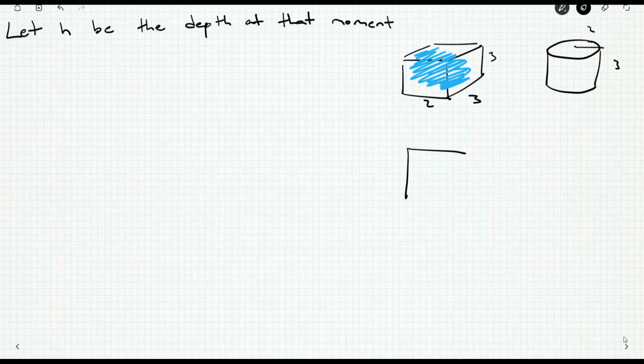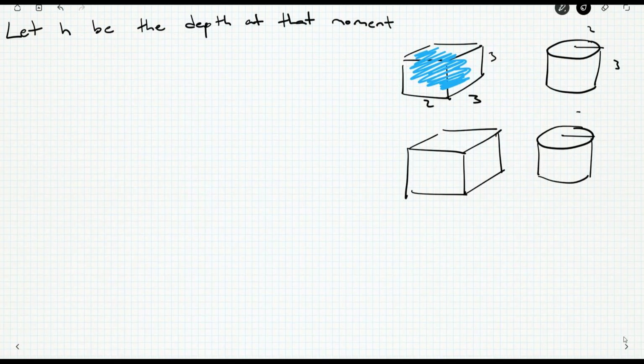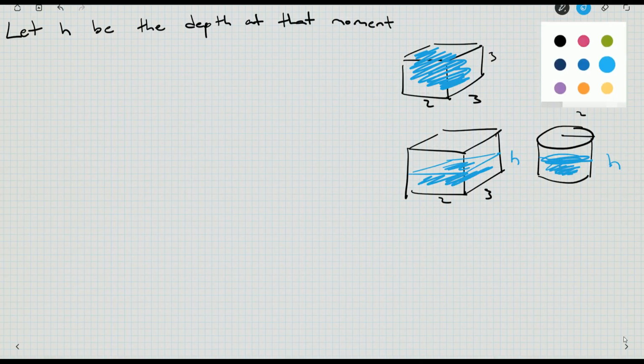And at the end, we're going to be left with these things, and they're both filled up to the same height. Again, 2, 3, but we're going to have up to a depth of h. So the amount of water has to be the same.